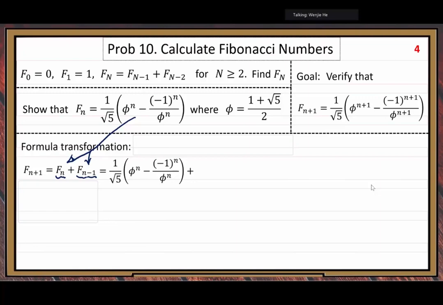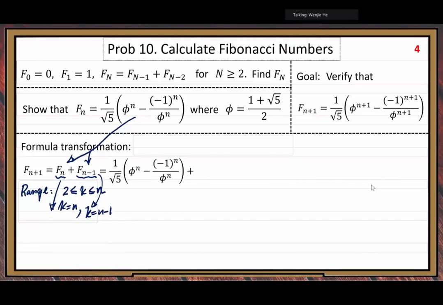Based on the induction assumption, n is in the range, k. So k equals n is in the range, and this second term, k equals n minus 1, is also in the range, right?